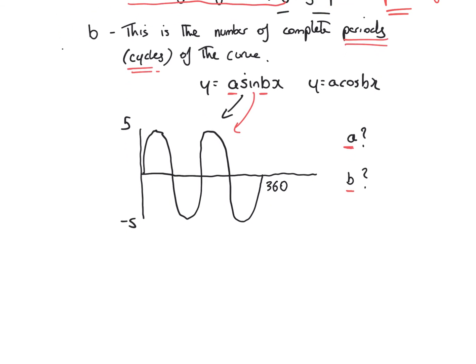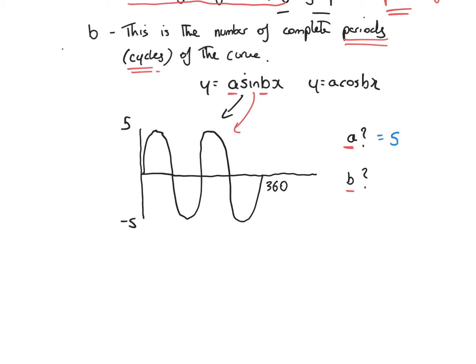We can see that the curve goes up to 5, and it goes down to -5. Well, that's a total height of 10. So -5, -4, -3, -2, -1, 0 is 5, and then another 5 to go up to 10. So between -5 and 5, there's the bottom of the curve, there's the top of the curve, that would be its total height. So that's 10 then. So you half that to get the amplitude, and half of 10 is equal to 5.